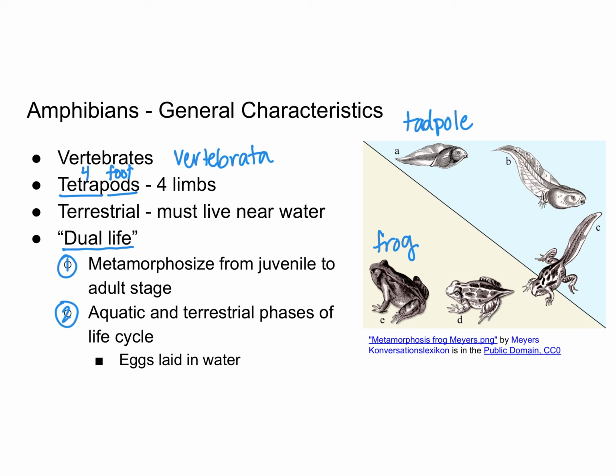They are also dual in life because they have aquatic and terrestrial phases of their life cycle. So eggs have to be laid in the water. For example, the tadpole has to live in the water, but then the frog lives on land. But once again, it's still tied to water, so it has to stay close to some body of water.